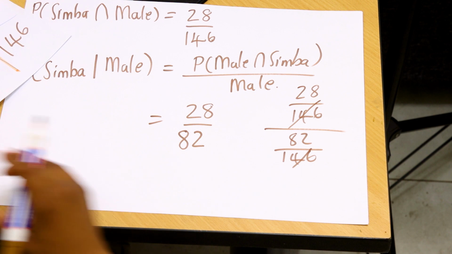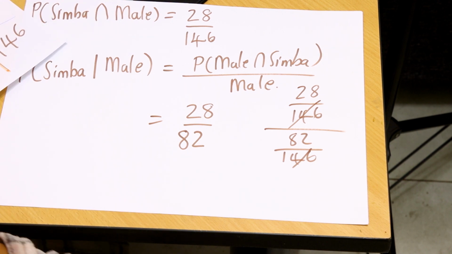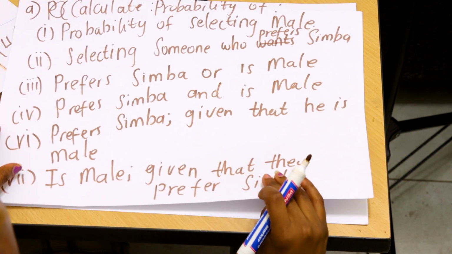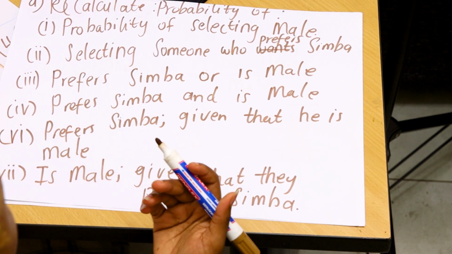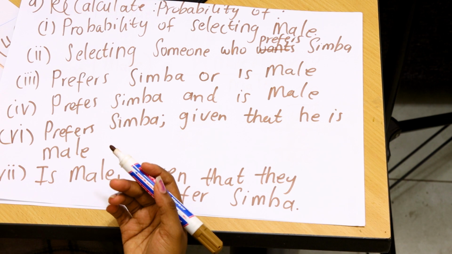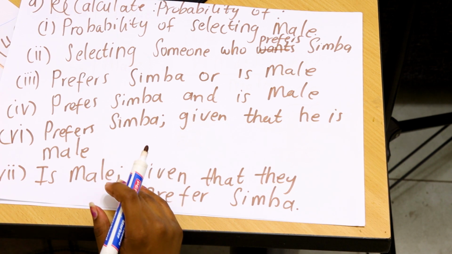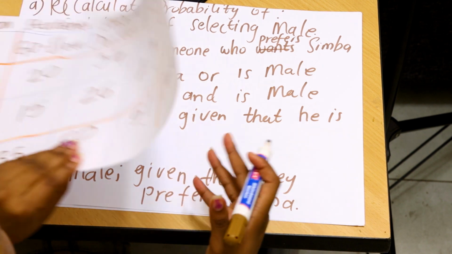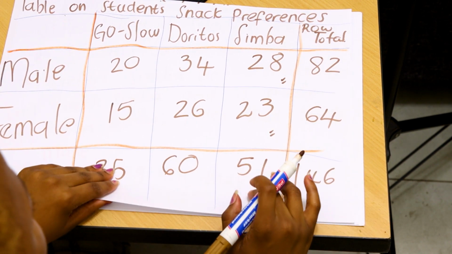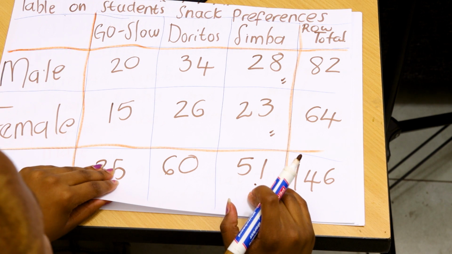Again, the question after that. I've realized that people confuse between the two kinds of conditional probabilities. The one I just showed you, I used the total of 82. Some people ask me, why do you not use the 51, which is Simba?